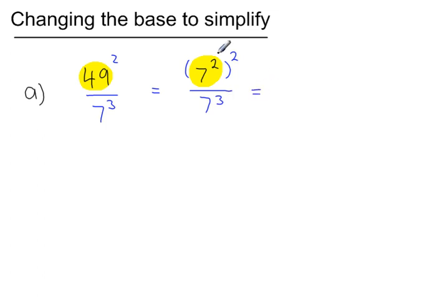Applying the power on power rule here, 2 times 2 is 4, so 7 to the power of 4 over 7 to the power of 3. And because we're dividing, the base is 7 in both of these, so I can subtract these powers, which just gives 7 to the power of 1, and anything to the power of 1 is itself, that will just give 7.